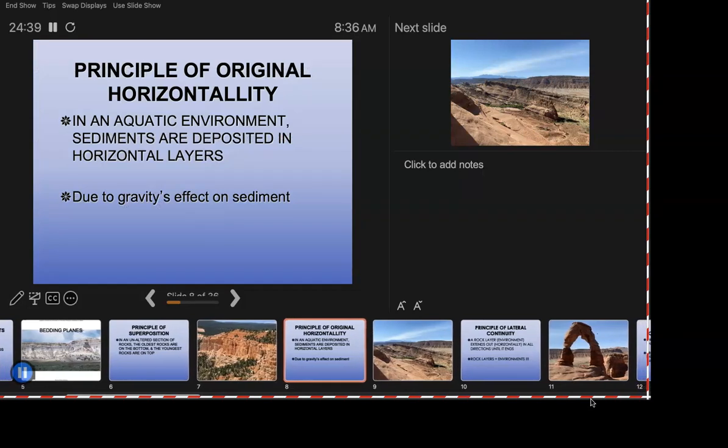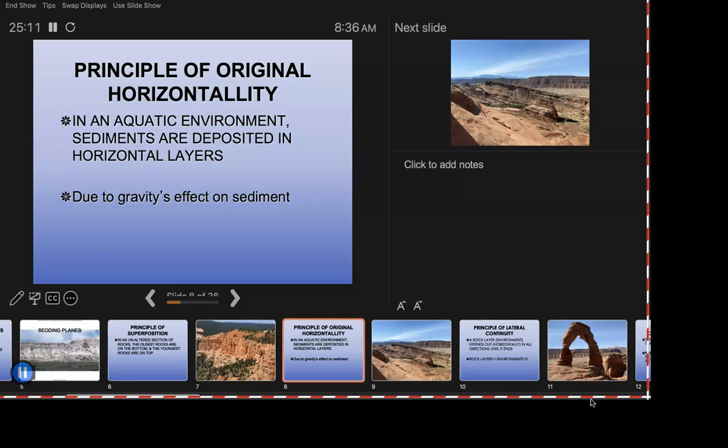Next rule, principle of original horizontality. Spell check does not like that word, I can tell you that. This one tells us that in an aquatic environment, I didn't mention that earlier, in an aquatic environment, sediments are deposited in horizontal layers. So if you recall on one of the earlier slides, I told you that sediments are almost always deposited in flat layers.